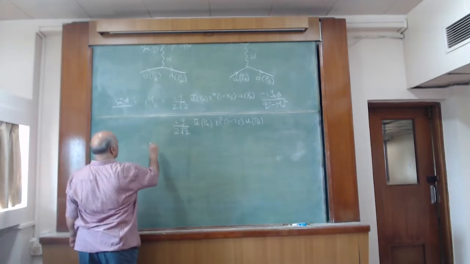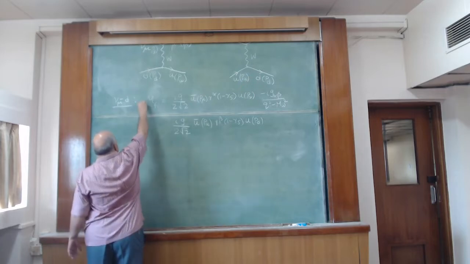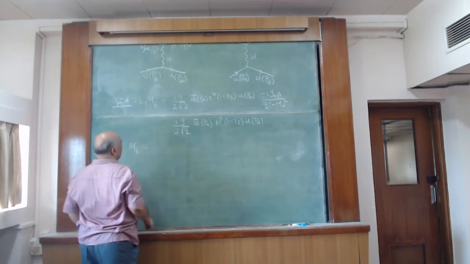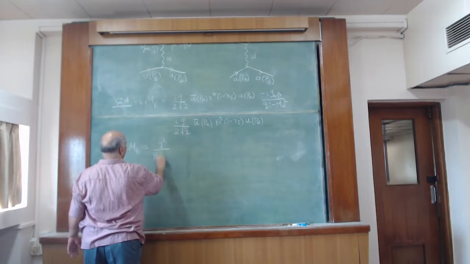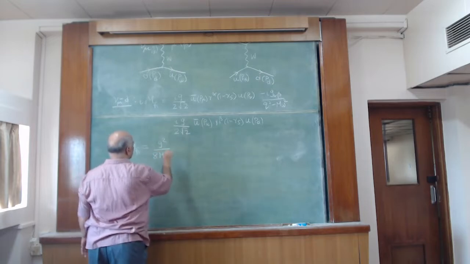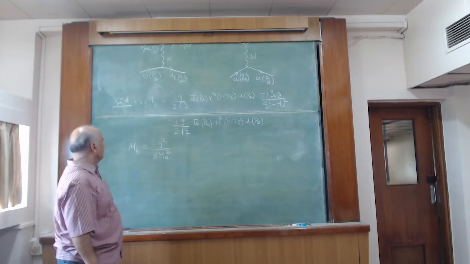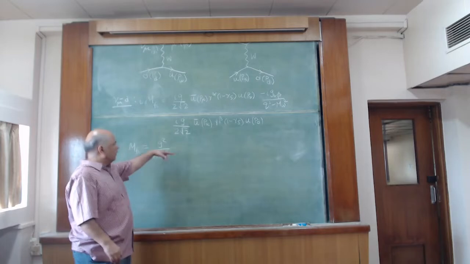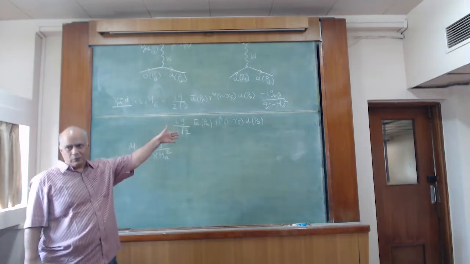I'll ignore factors of i. Actually, I should have an i here also. I get this to be G squared by 8 mW square times, and in writing this, of course, I am assuming Q square is much smaller than mW square.